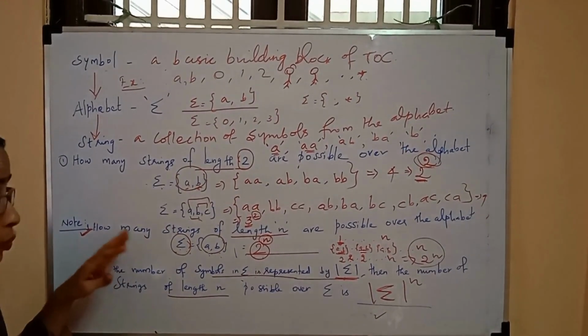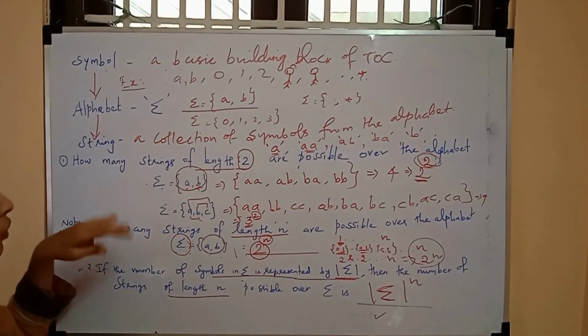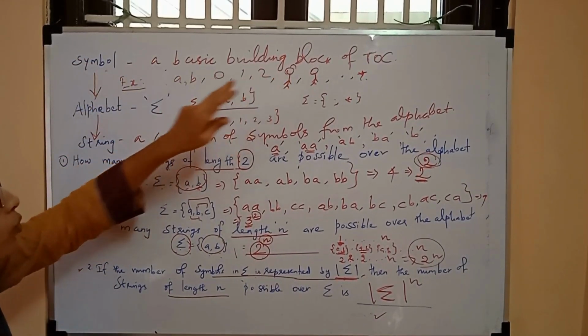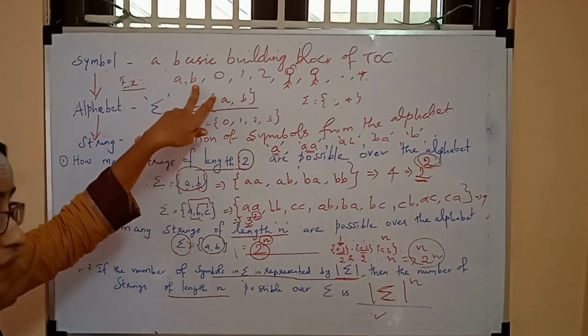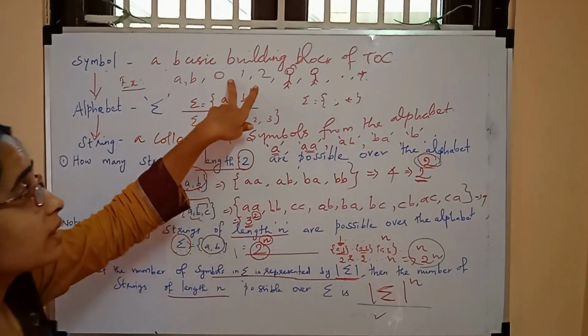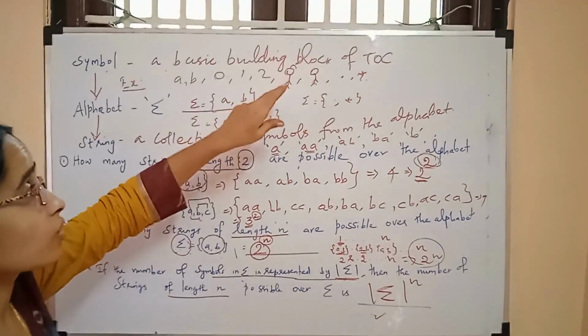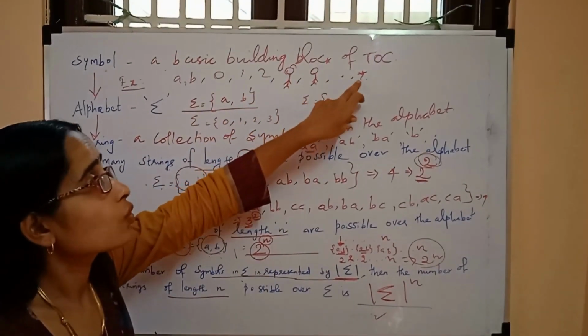I hope you understood the concepts in this lecture. Let me revise one more thing. A symbol is a basic building block of TOC. The symbol may be anything: A, B, that is the input English alphabet, or numbers 0 to 9, or any symbol like dot, colon, comma.